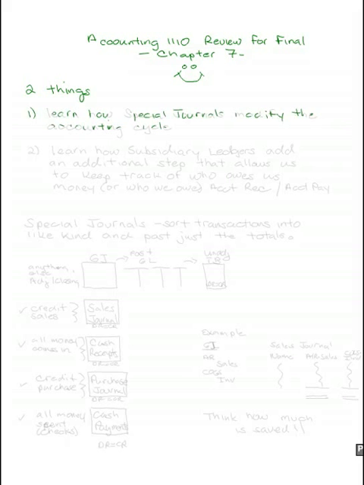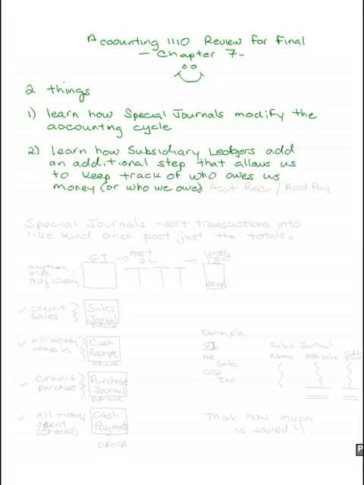The first main idea is to learn how special journals modify the first few steps of the accounting cycle. And the second thing we want you to learn helps us learn how subsidiary ledgers add an additional step that allows us to keep track of who owes us money or who we owe money.